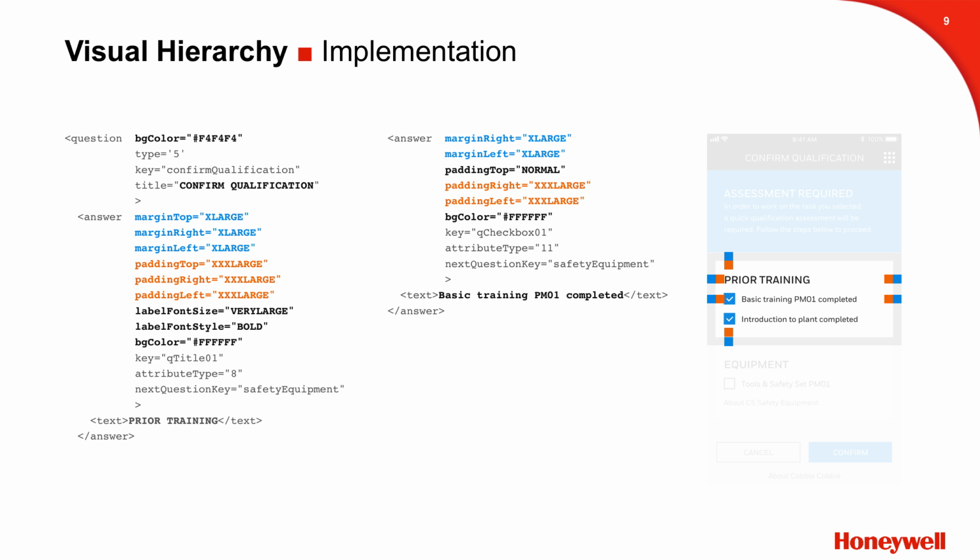And you can see in that code example on the left, we set the question background color to a light gray and then moved the answers a bit, so you can see the light gray background and the answers have a white background. And by cleverly setting up the margins and paddings, this element appears as one.